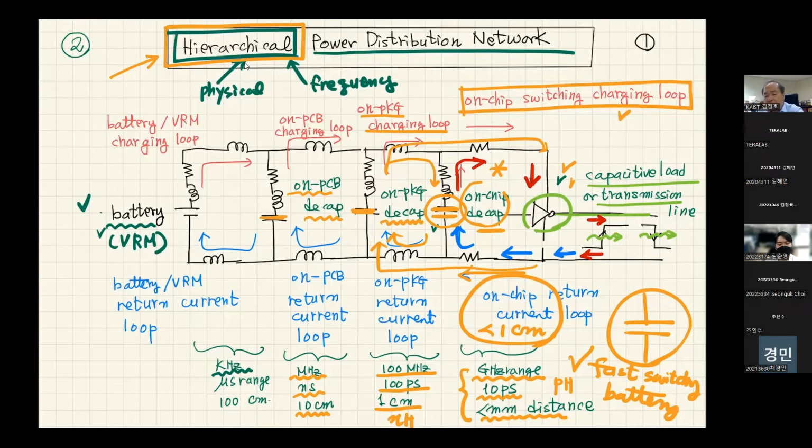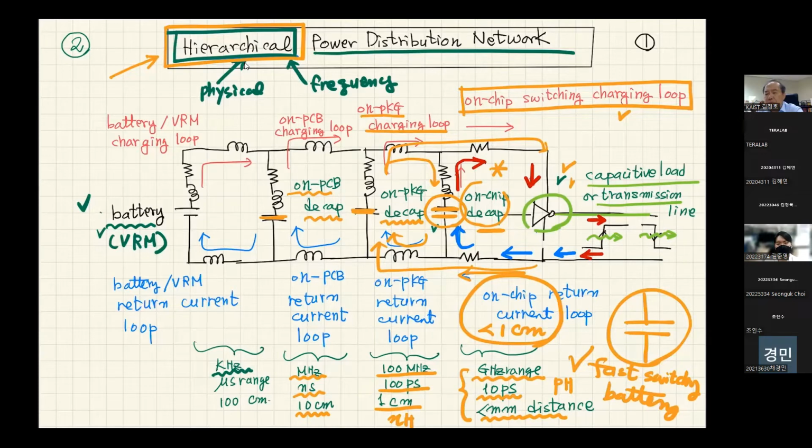An ideal power supply network has to have zero impedance, which means zero inductance, but that will never be possible. Number two, in addition to minimizing the inductance of the power supply network, we have to put in decoupling capacitors. Capacitance between the power network and ground network serves as a charge tank. It supplies the switching charge, and it takes back the return current.